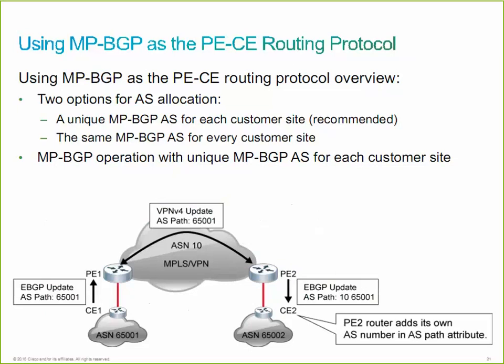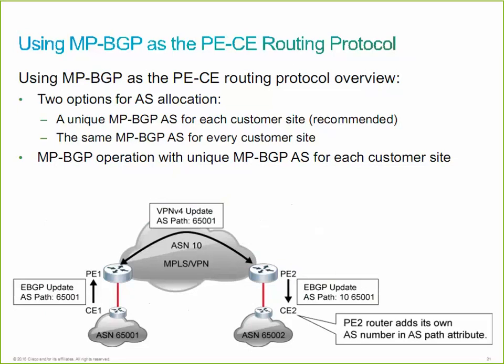Now, if we choose to use MPBGP as our PE to CE protocol, we have two options for autonomous system allocation. We can simply use the same autonomous system number for all customer sites, or we can have a unique MPBGP AS for each customer site.